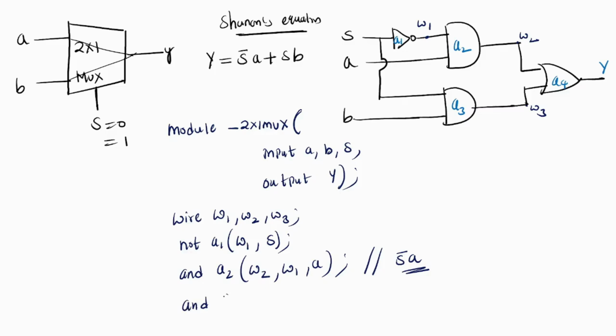Then and of A3, the output is W3, and S comma B. So this is nothing but SB.